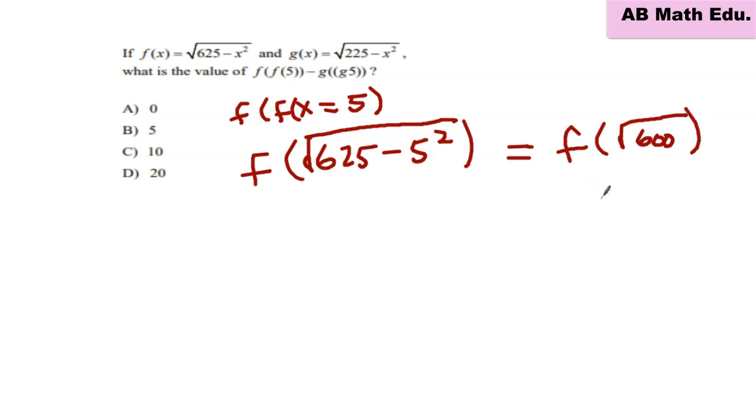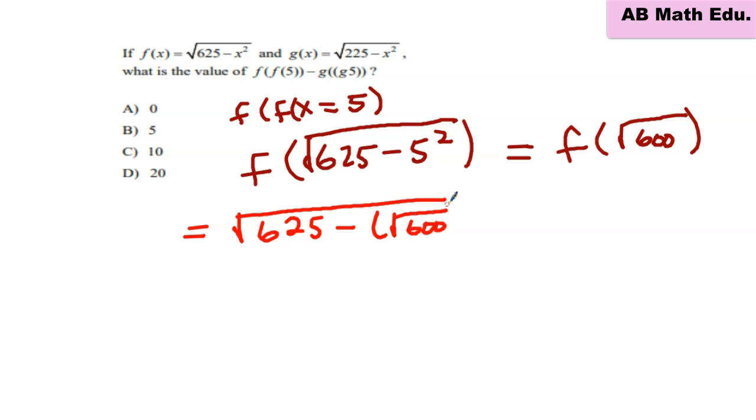And then finally we are plugging it back again into that. And when we do, we will get root of 25 minus root of 600 all squared.